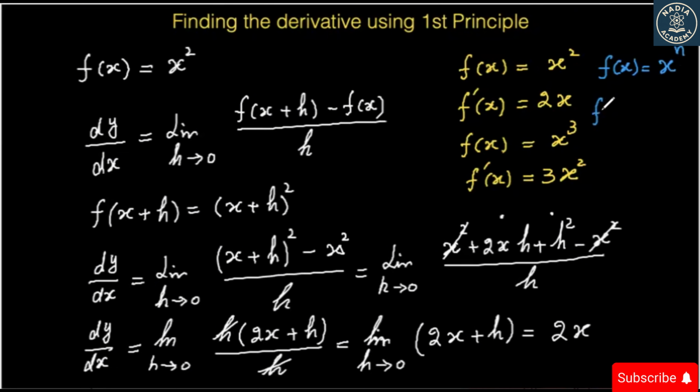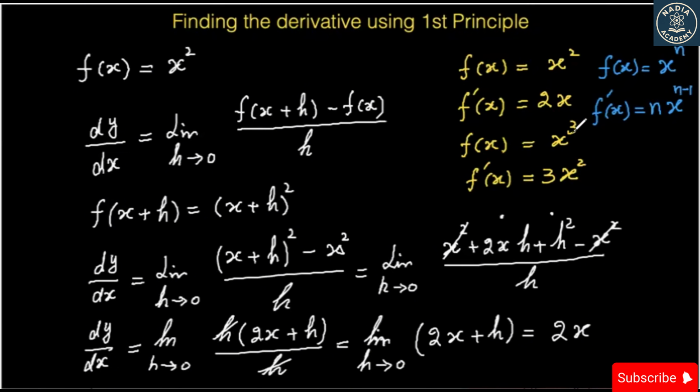Then the first order derivative of this function must be n times x power n minus 1. So what is happening is that the power of our variable becomes the coefficient of the variable, and the variable loses its power by 1.